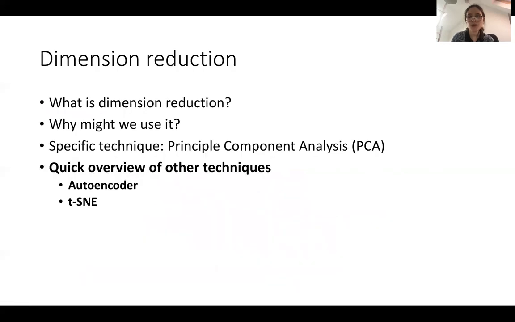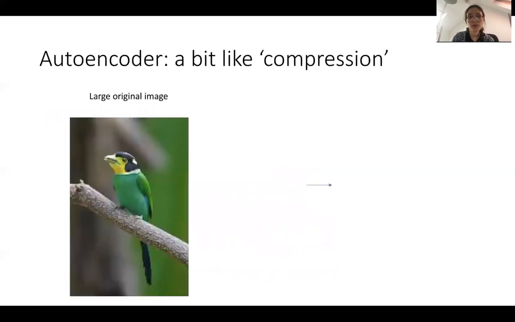Let's quickly review 2 other ways of doing dimension reduction. One is an autoencoder. An autoencoder is a little bit like compression. So in compression, you can imagine taking an original image, and then if you want to transfer it, like in an email or something, often you'll compress the image into a compressed format.